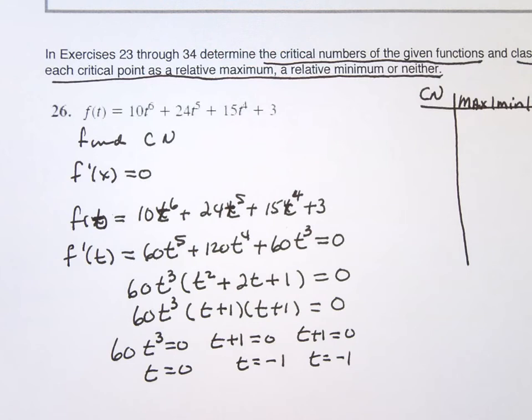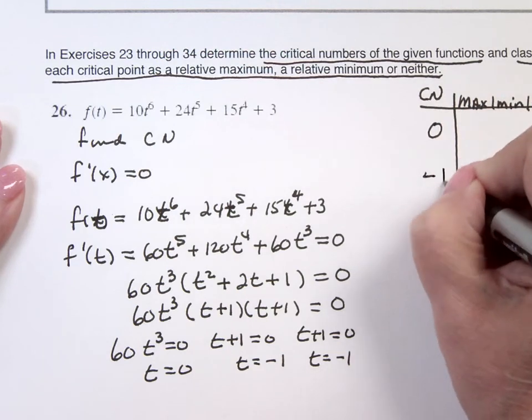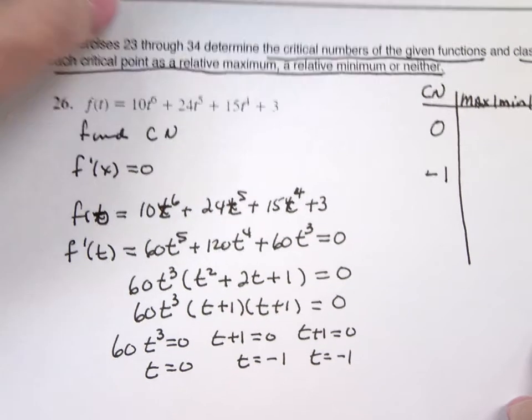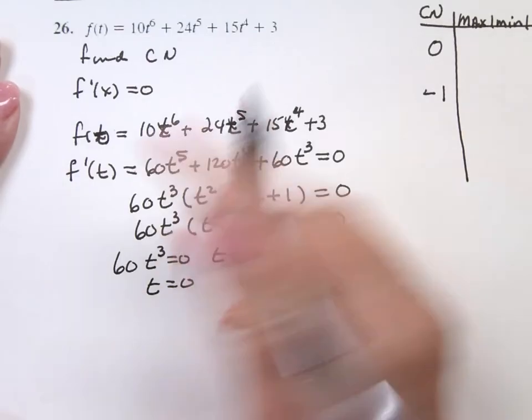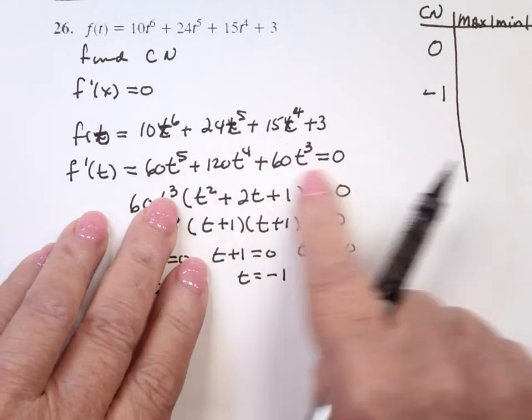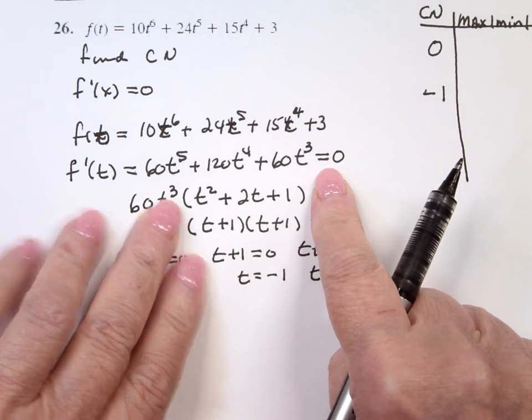You only need it once. So two critical numbers, so I can put those here, 0 and negative 1. So I want to know, do I have a max, or a min, or a neither? Now, is there any place f prime doesn't exist? In other words, does it have a denominator? No. So I don't need to worry about that.